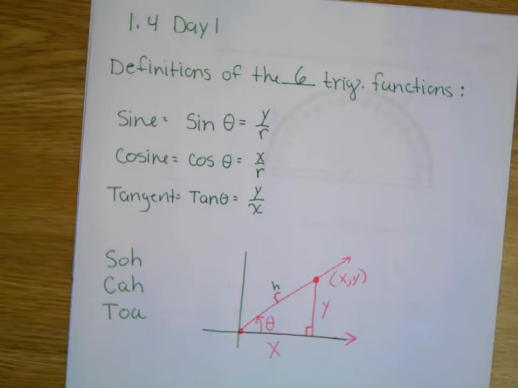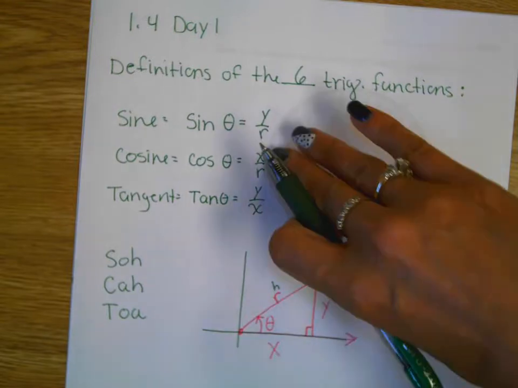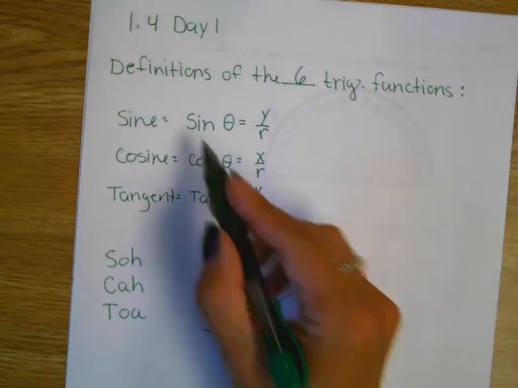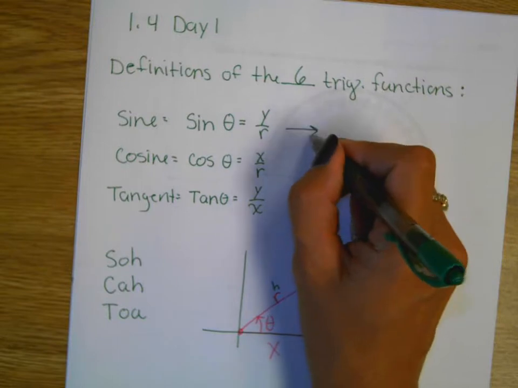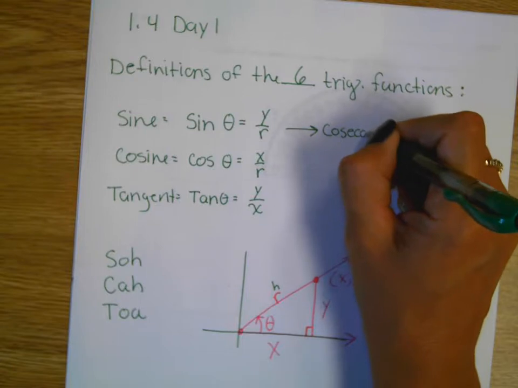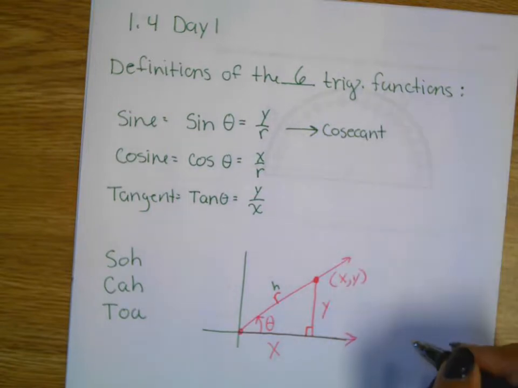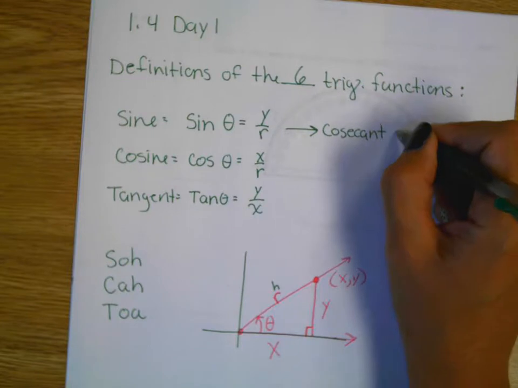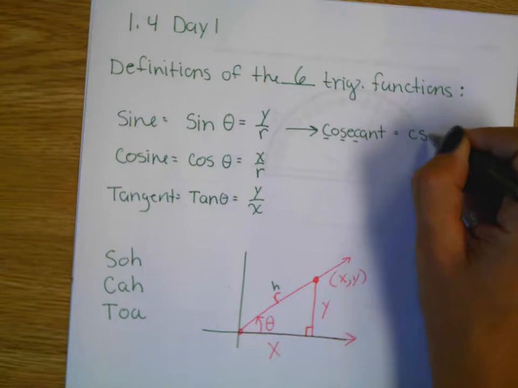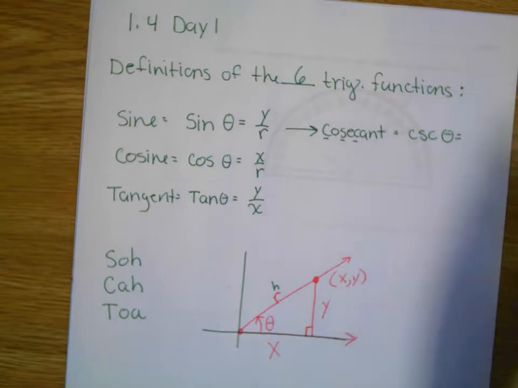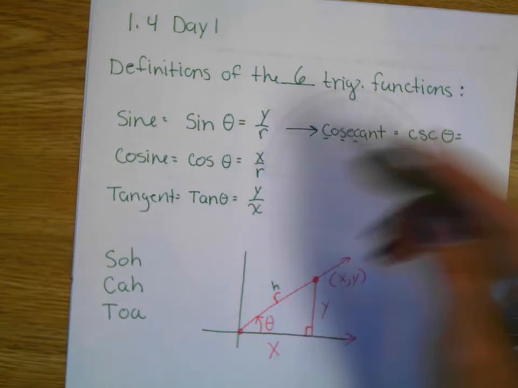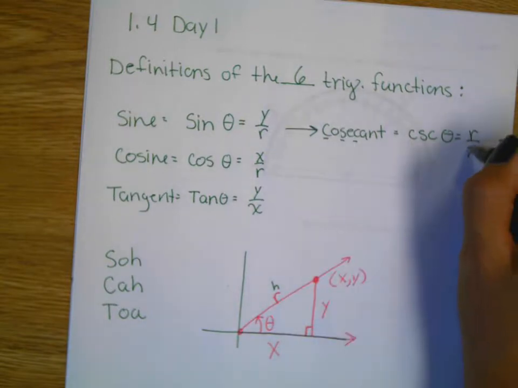The other three trig functions come from taking the reciprocal. Remember, reciprocals flip the fraction over, and they get new names. Sine's reciprocal function is called cosecant, abbreviated CSC. The cosecant ratio is the reciprocal of y over r, so r over y.